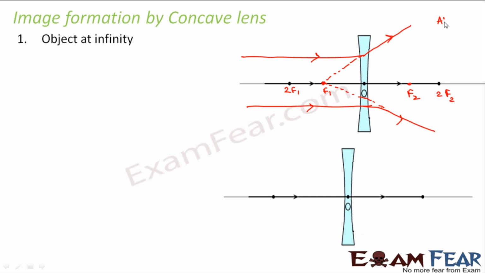What kind of image will be formed? It would be virtual, erect and diminished, because any virtual image is always erect, and this has to be smaller in size. So this is the nature of image formed when the object is at infinity.